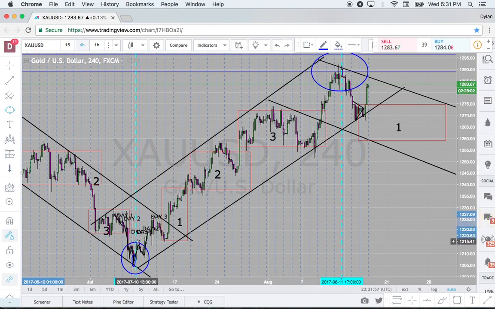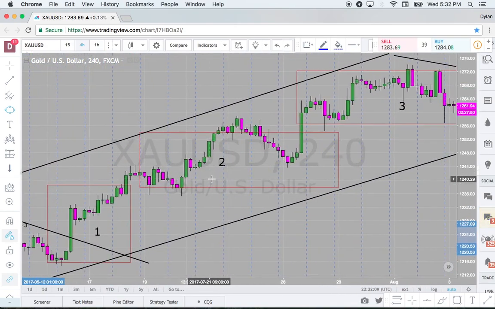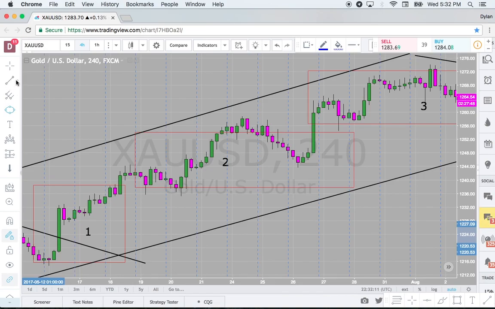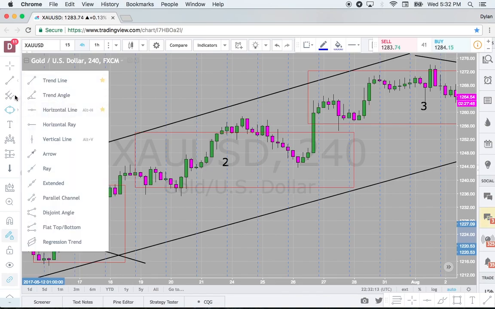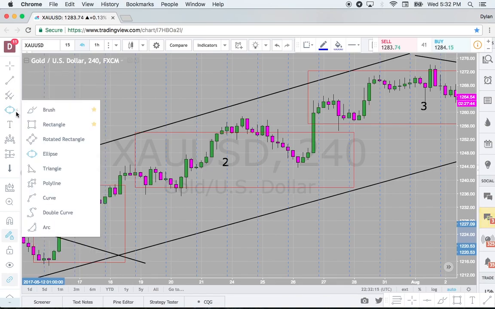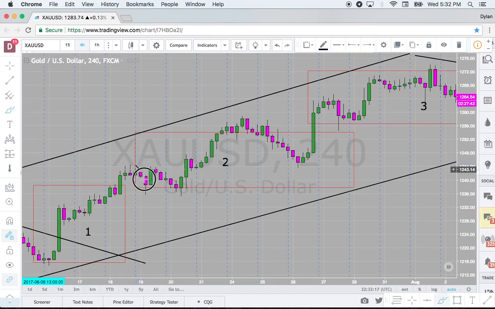So if I know the market's uptrending, I will look for W formations. I will look for second leg W's to enter on. An example of that could be this W here, the second leg. I would enter here.